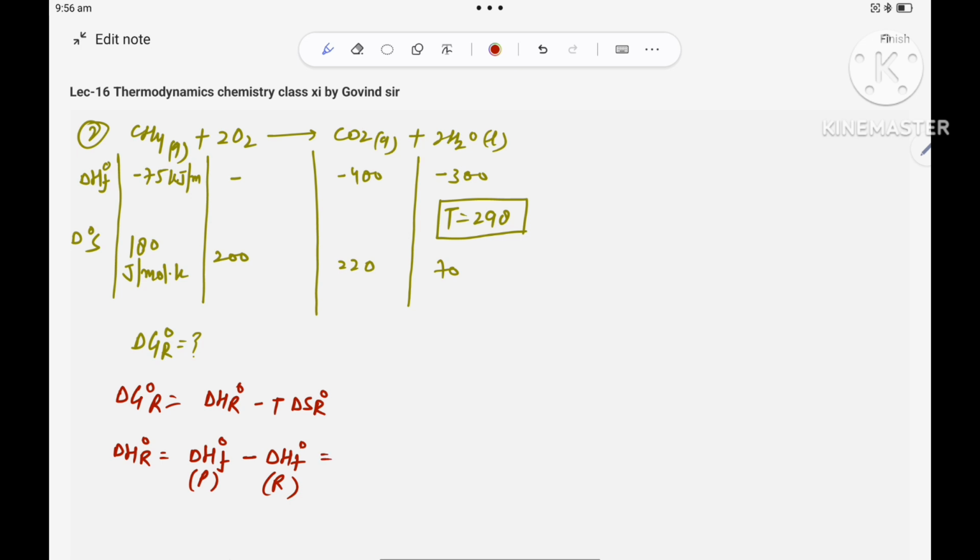Put the value here. So 2 into enthalpy of formation of product, water.